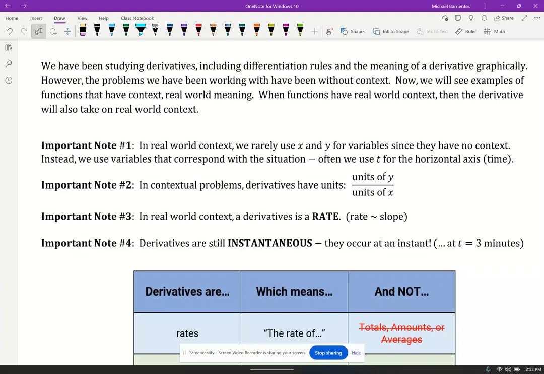So we need to make sure that we remember those three things are not only related, they're equivalent. The derivative is a rate of change at a specific moment in time, and it's the slope of the tangent line of a curve. And then the last part is that derivatives are always defined as instantaneous. So we need to know at what instant this measurement is taken.